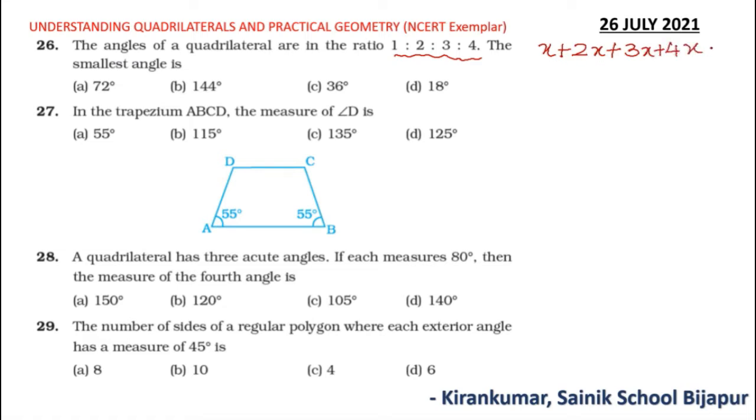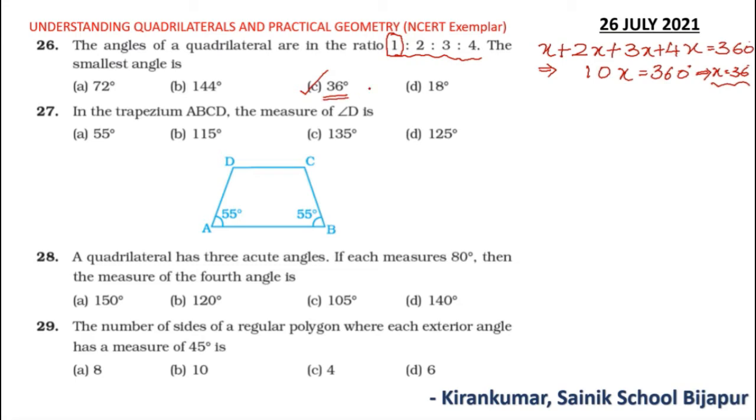The sum of these angles is 360 degree because of the angle sum property. When we add this, we get 10x. So 10x is 360 degree, hence we get x as 36 degree. When the value of x is 36 degree, it is the smallest because 1x. So 36 degree is the right answer.